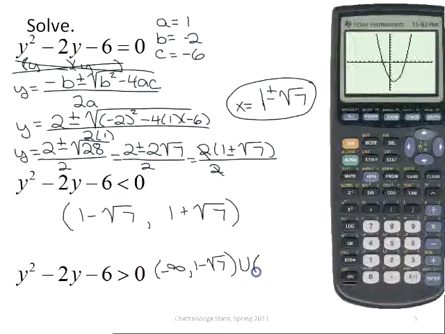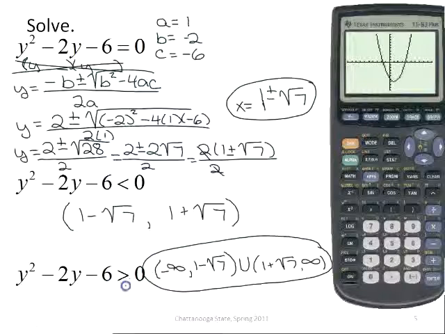And I'm going to union that with the other interval, which would start at 1 plus the square root of 7 and go up to infinity. None of these would include the end values because I don't have the equal part marked here.